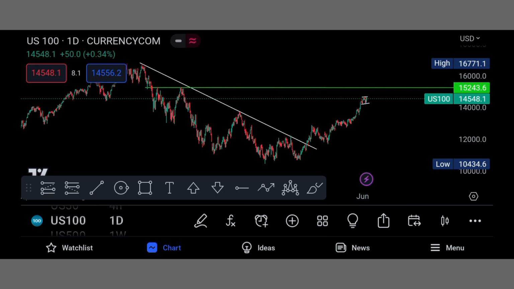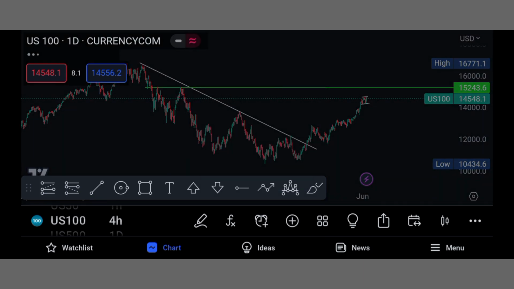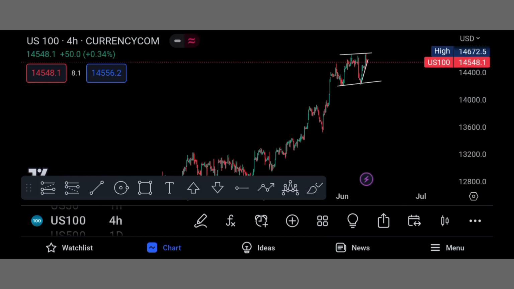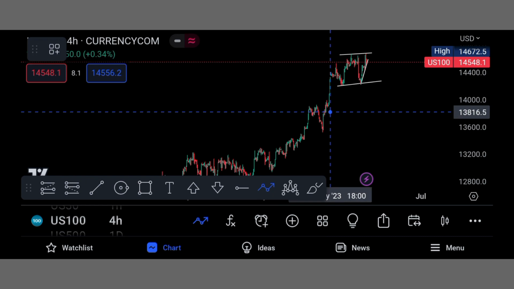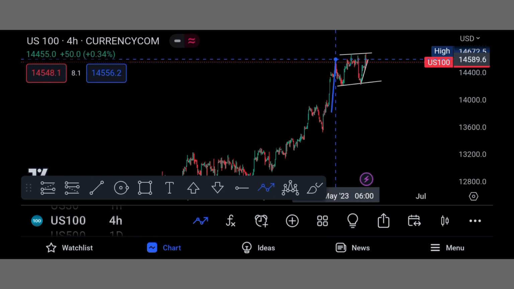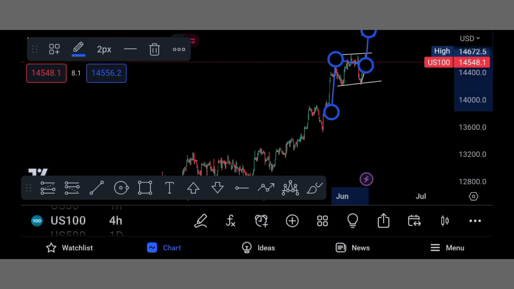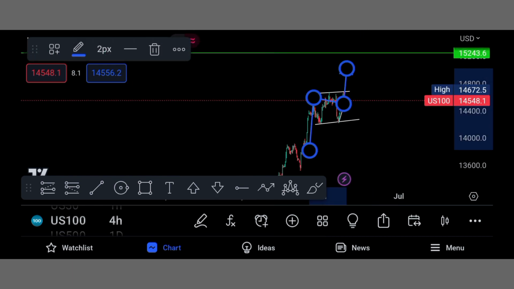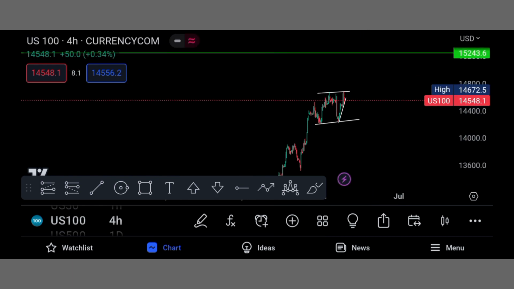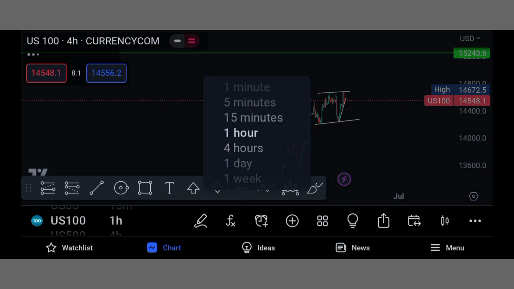If we go to the 4 hour time frame, you'll see that we have an impulse, a correction. So looking to have an impulse to the upside and capitalize, right? But the pattern that we have is a bearish pattern.